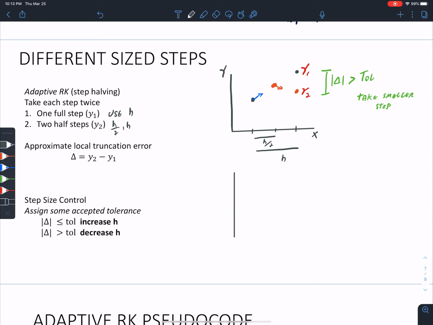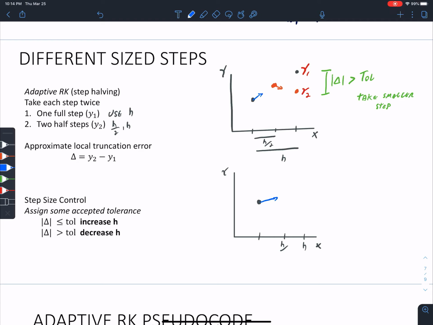On the other hand, we may have the converse situation, where, let's say, we're again starting from this point, and once again we have h over here, right, and this is h over 2, and let's say our solution initially was pointing over here, right?